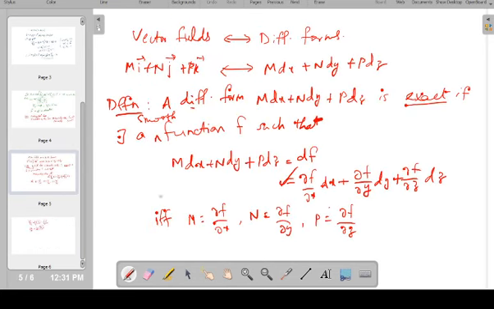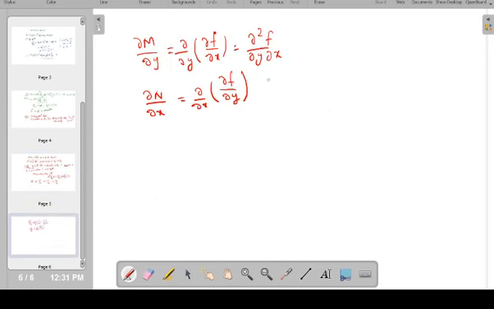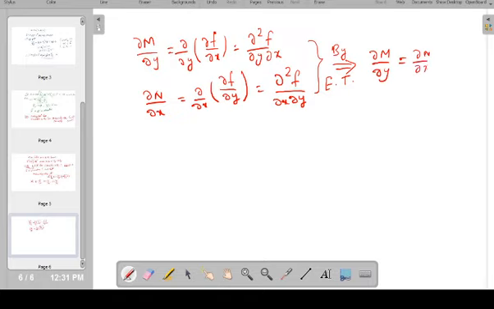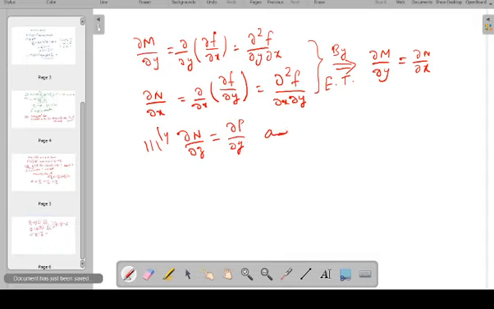And this is dou square f by dou x dou y, but the mixed partial derivatives are equal, so by the mixed partial derivatives theorem you will get dou M by dou y equal to dou N by dou x, and similarly dou N by dou z equal to dou P by dou y, and dou P by dou x equal to dou M by dou z. So everything is as in the previous case.